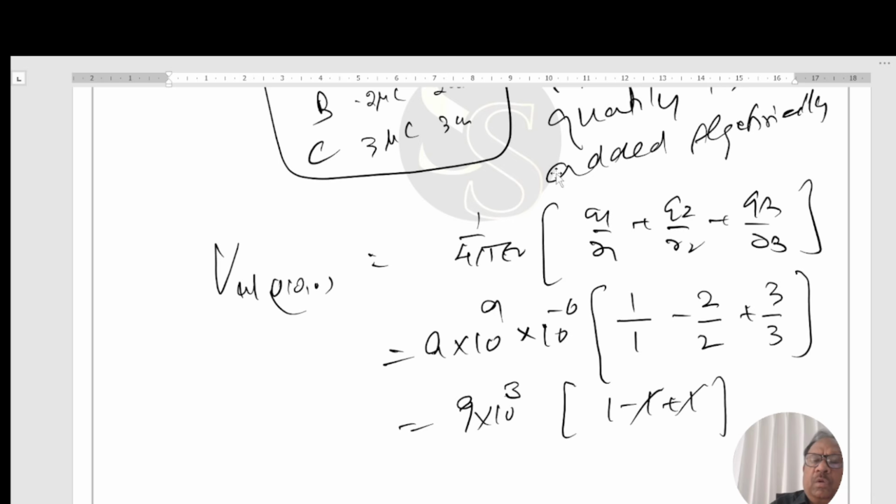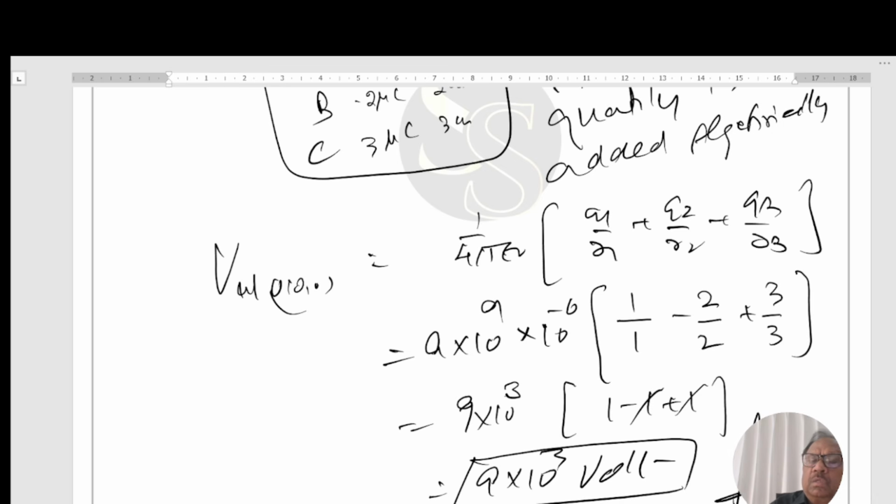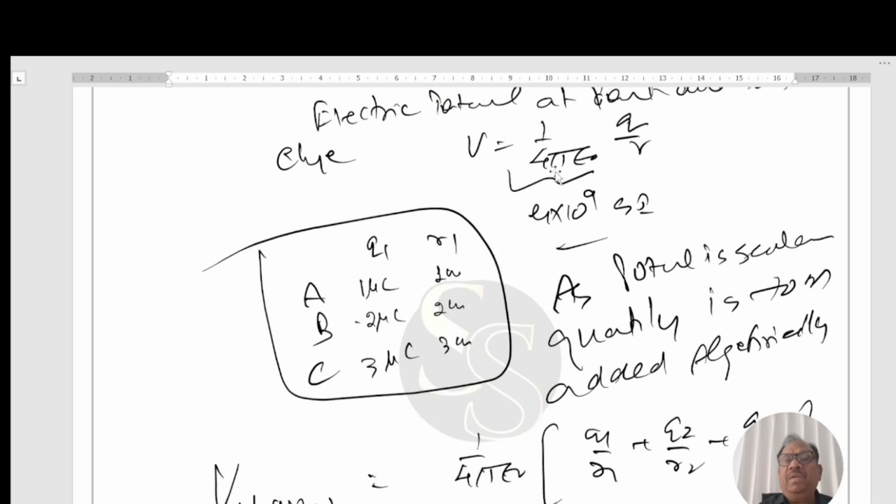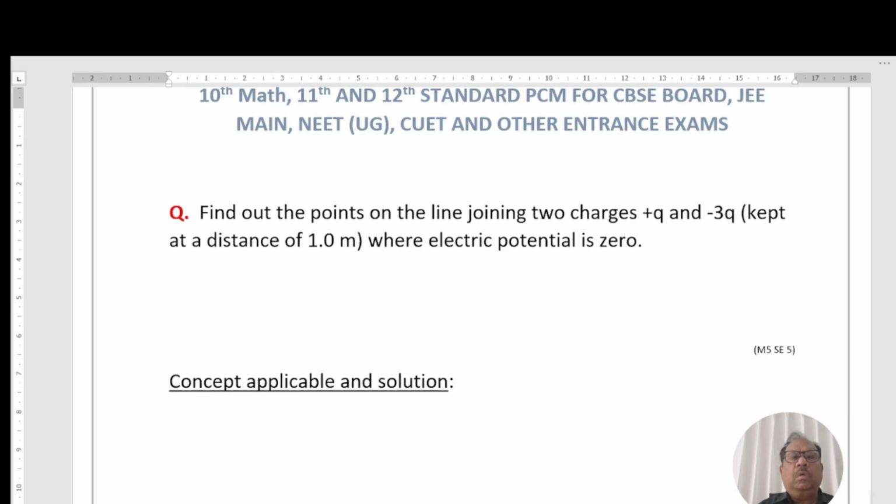This comes out to be 9 into 10 to the power 3 volt. That is the answer. Right?